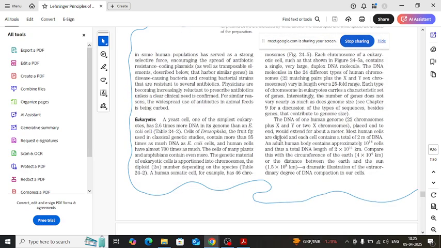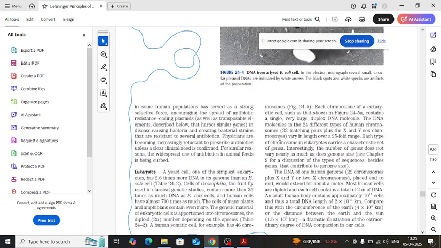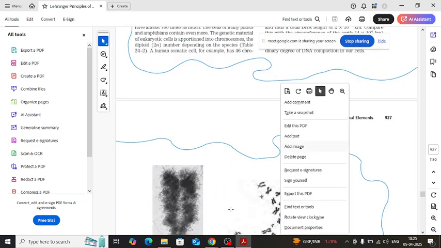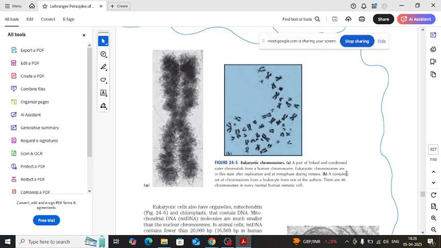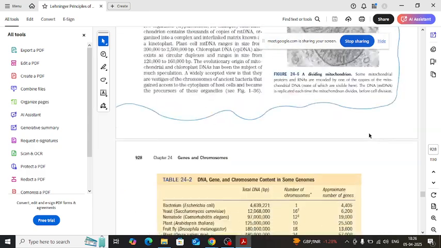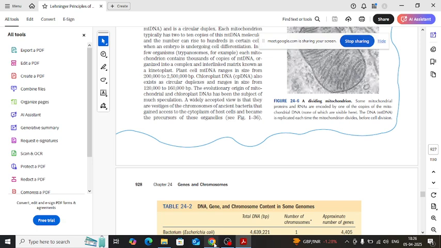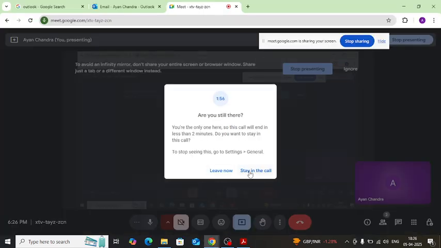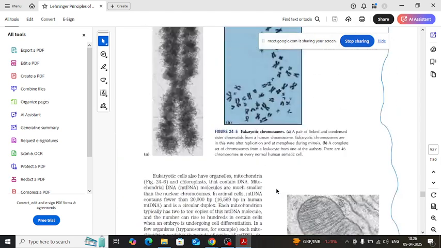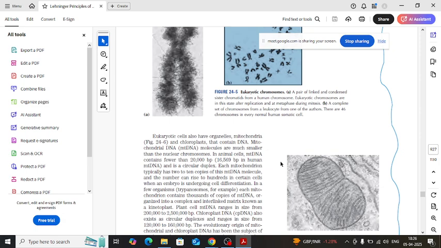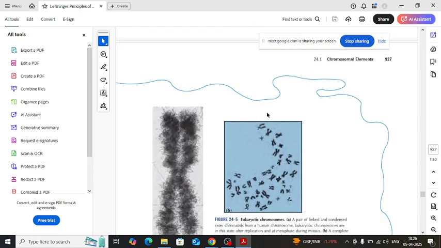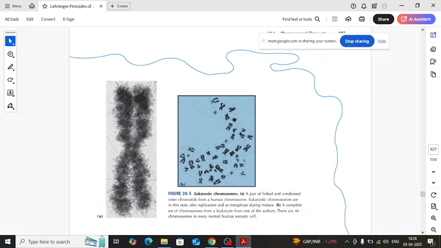So now we will see what the situation is for the eukaryotes. For eukaryotes, DNA is distributed in the form of different chromosomes, right? So this is your entire linear DNA, right? That resides in the form of multiple chromosomes here, right?